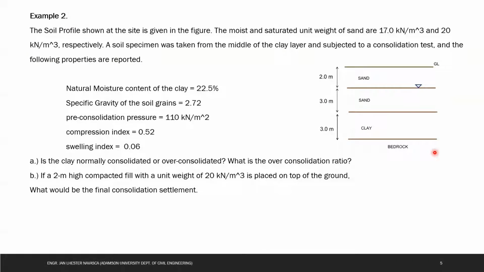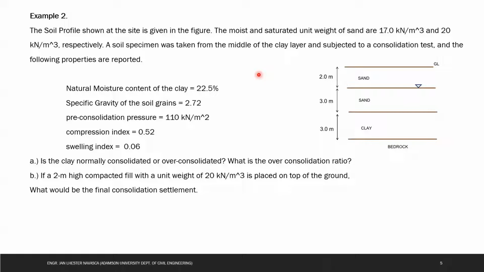Again, for example problem 2, the soil profile shown at the site is given in the figure. The moist and saturated unit weights of the sand are 17 kilonewton per cubic meter and 20 kilonewton per cubic meter, respectively.